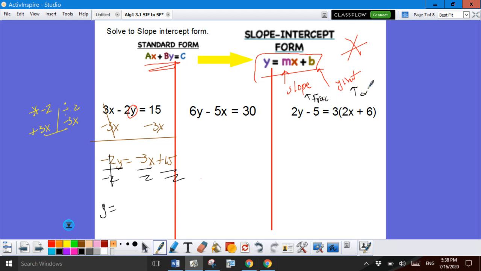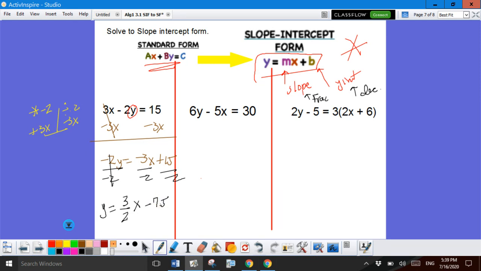The y-intercept can be the decimal. The b, the y-intercept, is my decimal. The slope is always going to stay a fraction, because that tells me my motion. It gives me my rise over run. So negative 3 divided by negative 2 is going to give me 3/2. That's positive, so watch your sign. And 15 divided by negative 2 is negative 7.5.